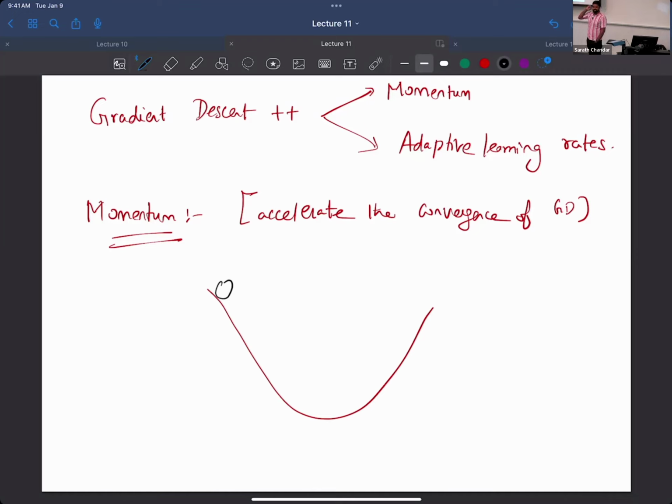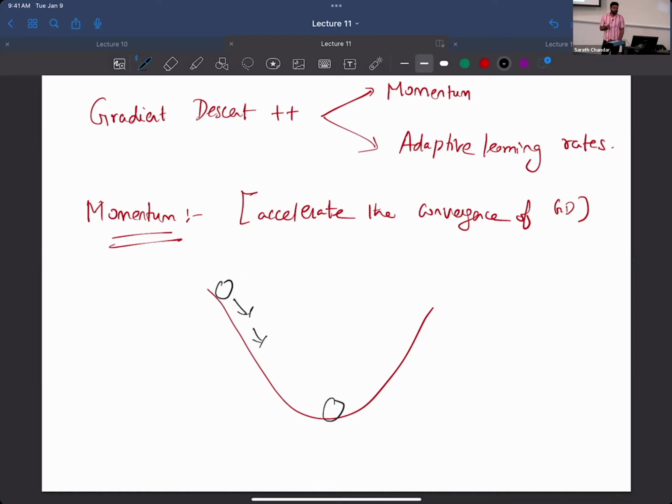As it rolls down, it will gain some momentum, which means it's going to roll faster and faster, and reach the bottom much faster. Well, if it rolls too fast, it might even overshoot, so we need to be careful about that part. Is that clear?